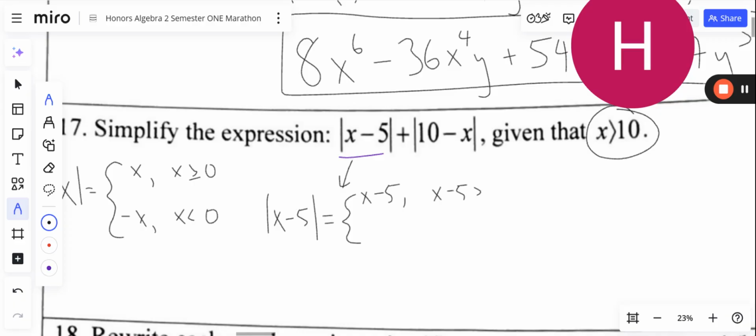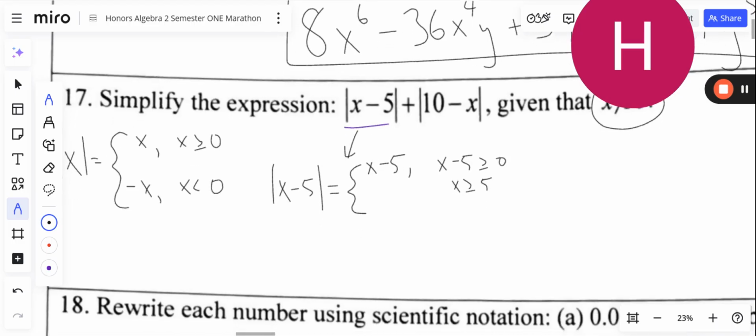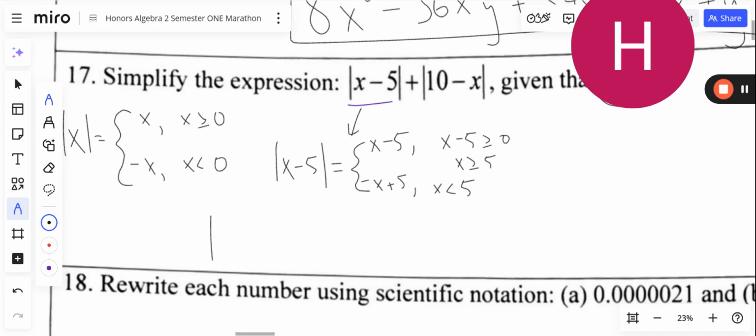Because if it were already positive, which means x is greater than or equal to 5, then why would we have to worry about flipping it? But if it is less than 5, then we do have to flip it. Similarly, the absolute value of 10 minus x is going to be exactly what it looks like, 10 minus x, whenever that inside is not negative.